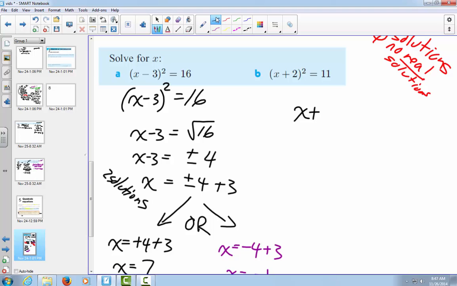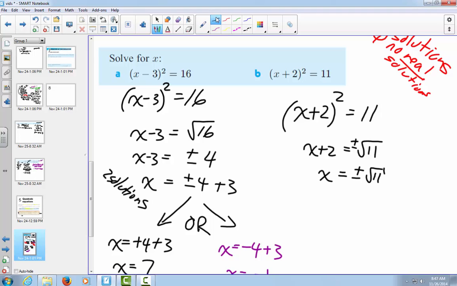Okay, now this is where it's going to get even a little dicier. We have to take the square root of both sides. We have x plus 2 equals plus or minus the square root of 11. But I don't know what the square root of 11 is, so I'm going to leave it as a radical. I have to subtract 2 from both sides. Plus or minus the square root of 11 minus 2.